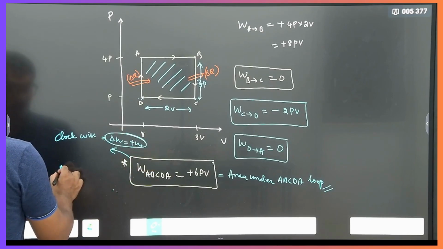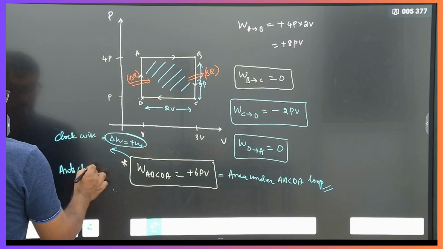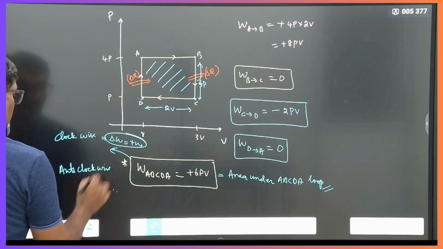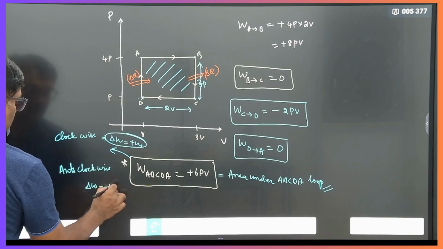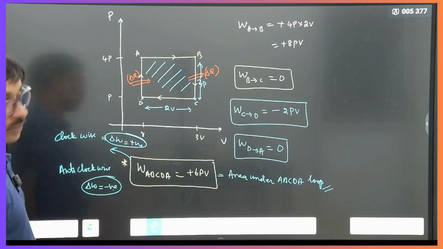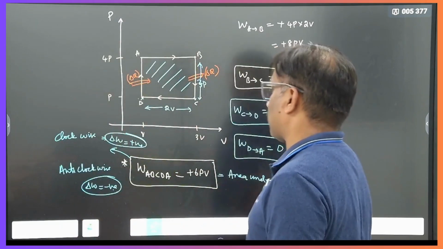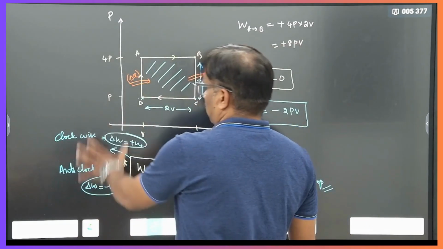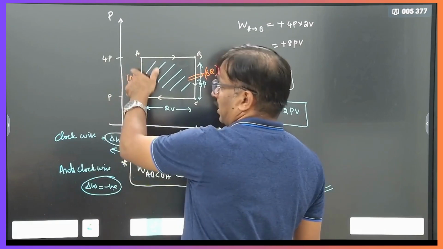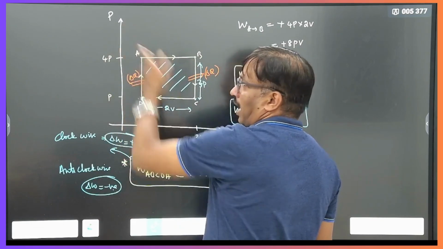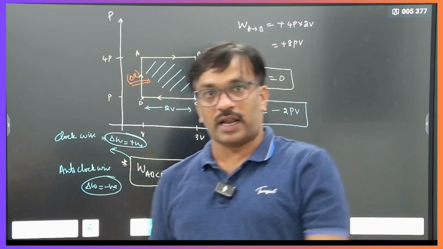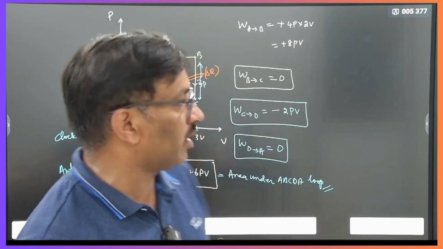If it is anti-clockwise, work done is negative. Clear? But don't stick to this always. Sometimes we'll see some changes if you change the axis, and at that time it is slightly different. We'll do one type of question on that also.